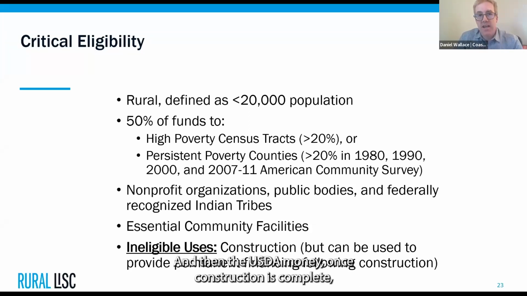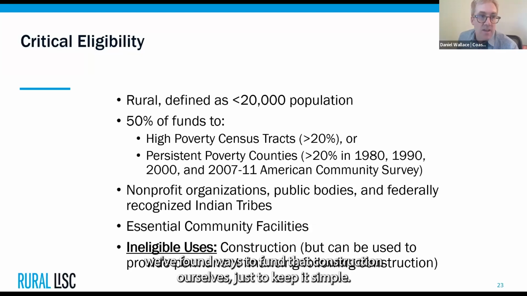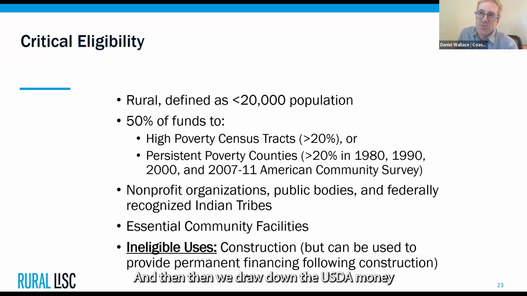And then the USDA money, once construction is complete, comes in and replaces that bridge lending or that construction lending. So we've done a few different mechanisms, but mostly we've found ways to fund that construction ourselves just to keep it simple. And then we draw down the USDA money when construction is complete.